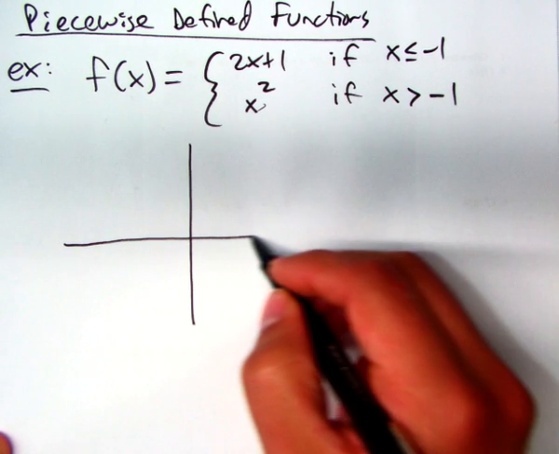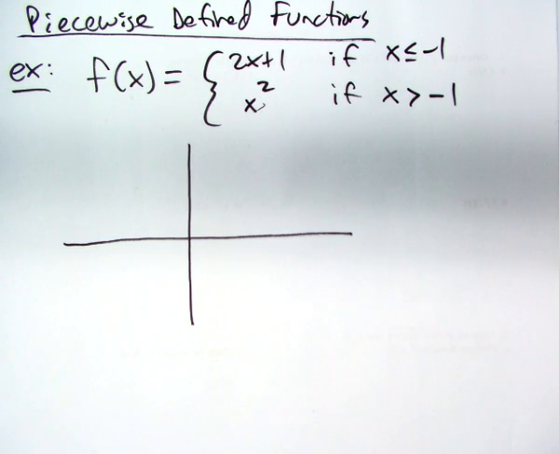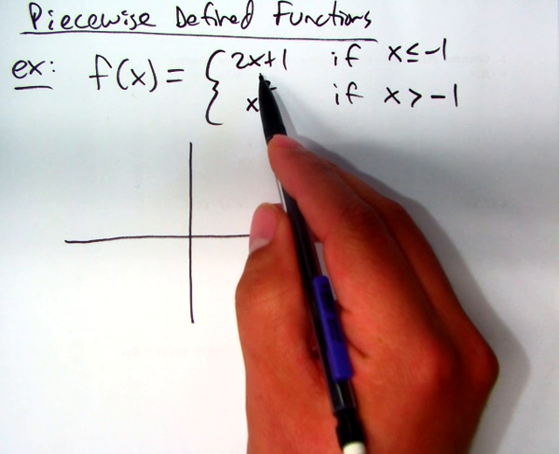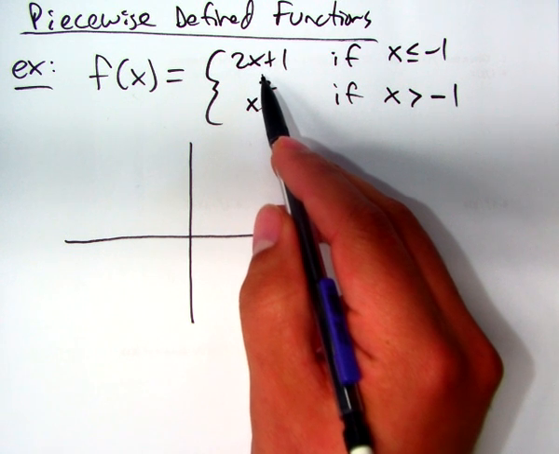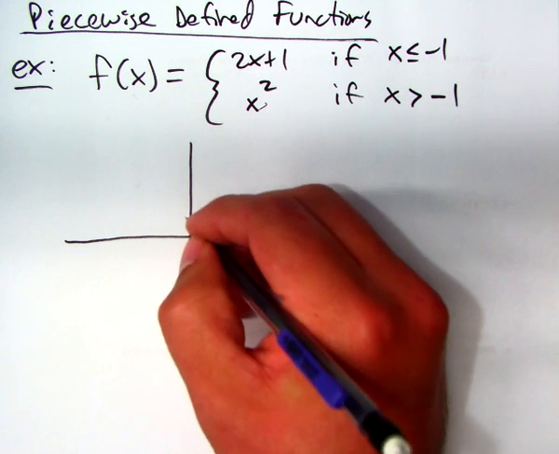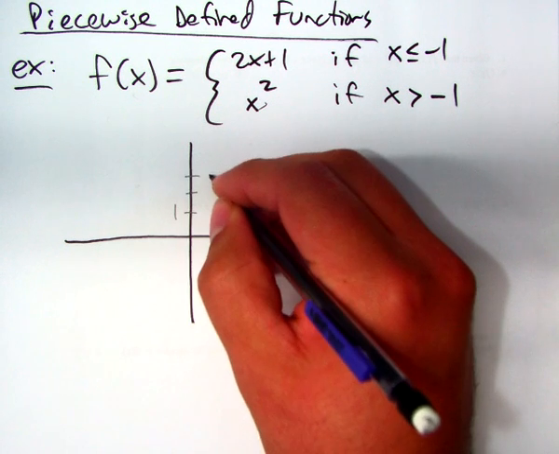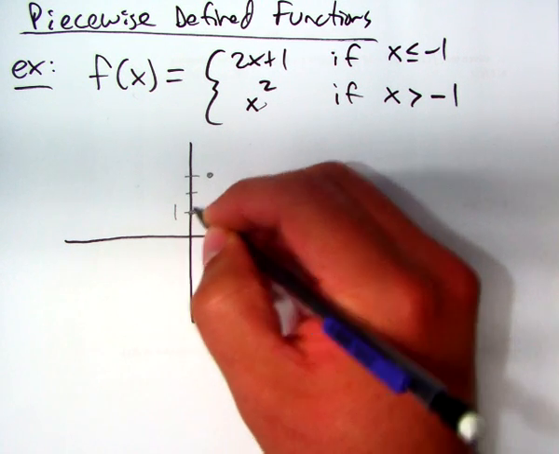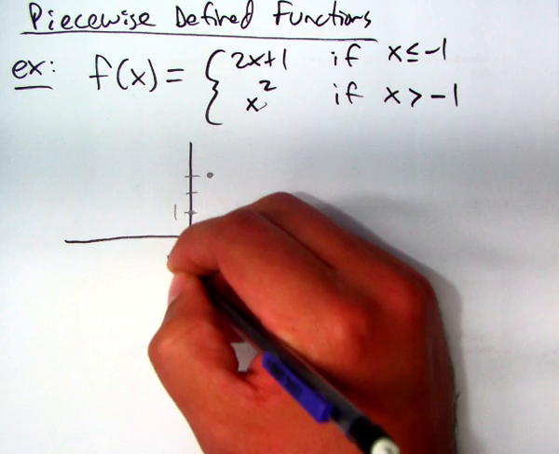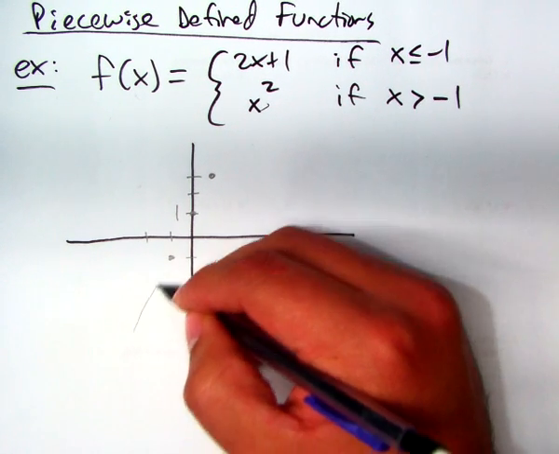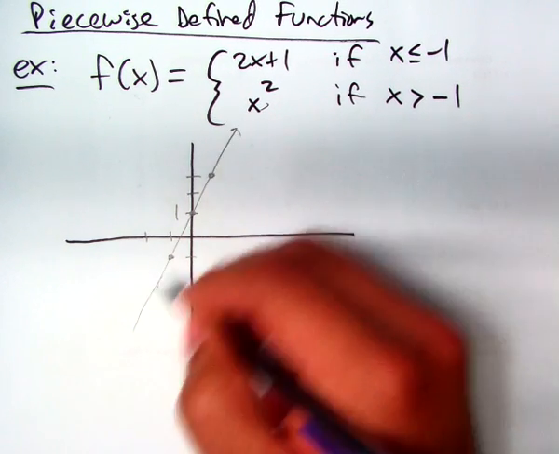If you have a pencil, this is a good method for you. Do you know how to graph 2x plus 1? Yes. Everybody should say yes. What's the y-intercept? 1. What's the slope? So I go up 2 over 1, down 2 over 1, and you get a line. So I'm just going to draw that in.